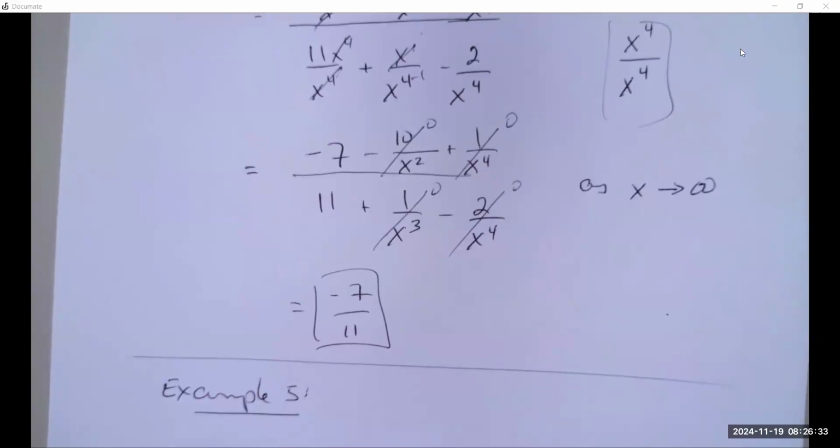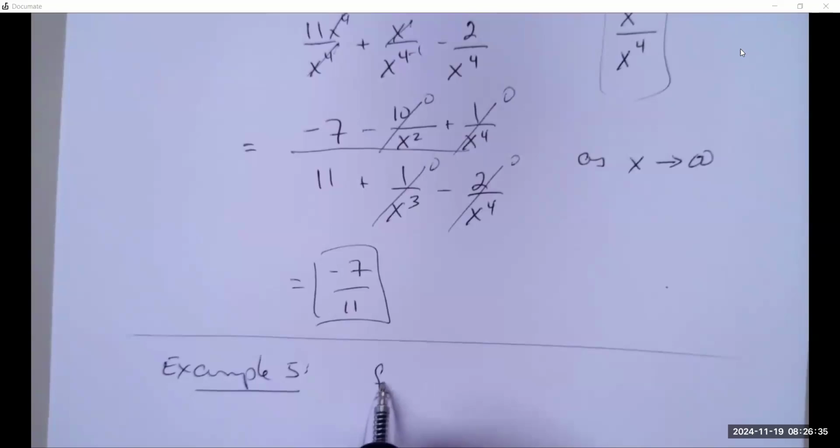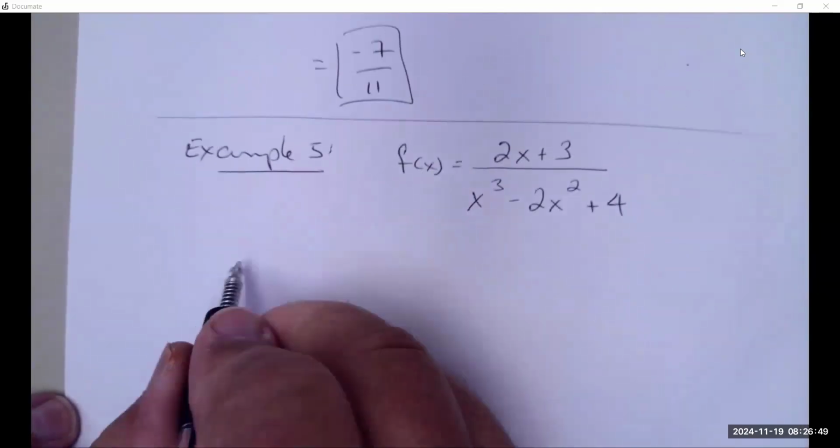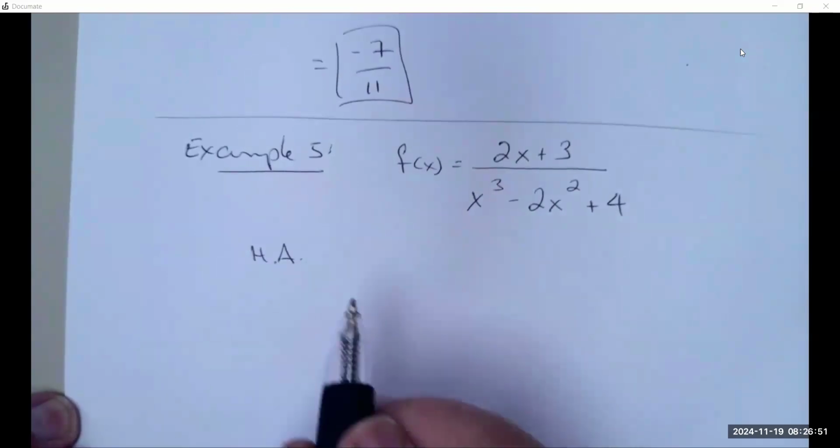Example 5. f of x equals 2x plus 3 over x cubed minus 2x squared plus 4. What's the horizontal asymptote?